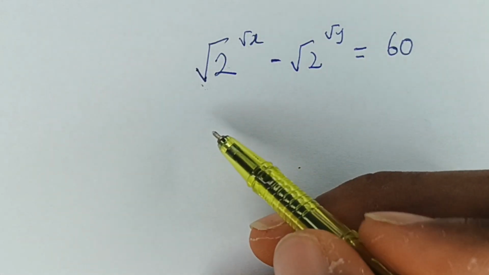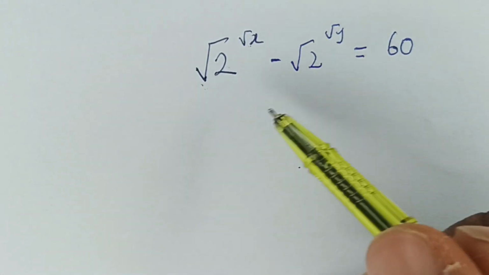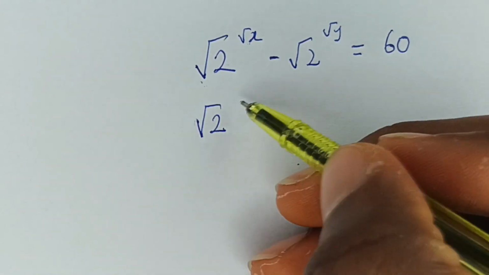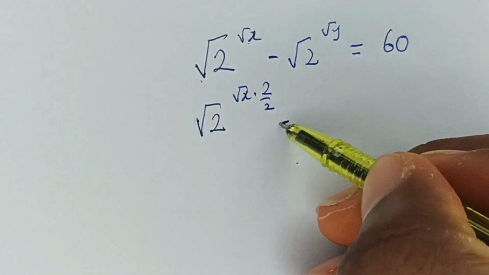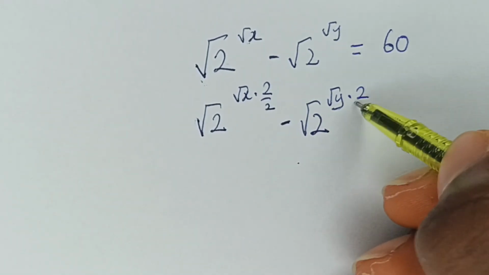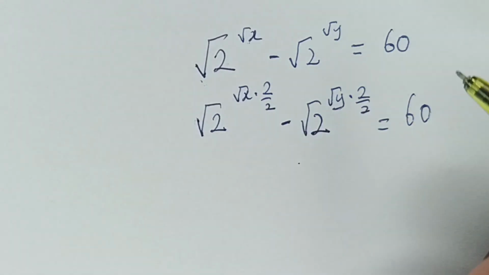Now, the first thing I can do is to multiply this power and this power by an equivalent fraction. So if I do root 2 raised to the power root x multiplied by 2 over 2, minus root 2 raised to the power root y multiplied by 2 over 2, it becomes equal to 60. Okay, 2 over 2 is 1.